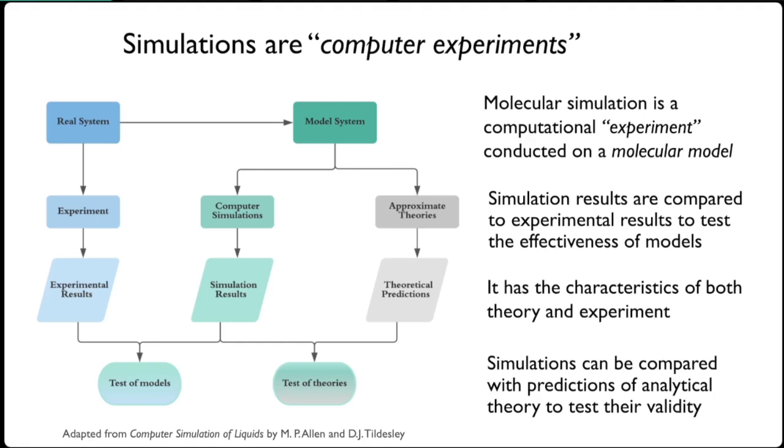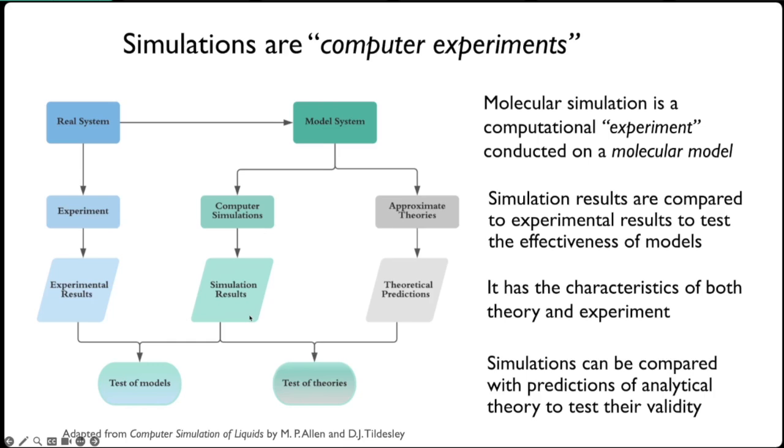Alternatively, I can get computer simulations, and the difference is that computer simulations have to be computable and often invoke numerical approximations, and we get simulation results. All of these together allow us to both test the model as well as to test the theory.